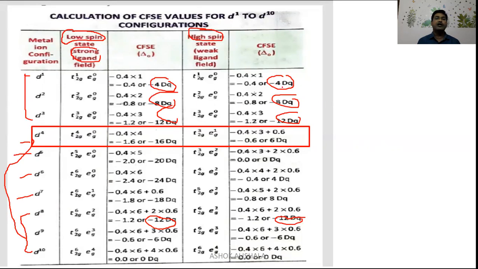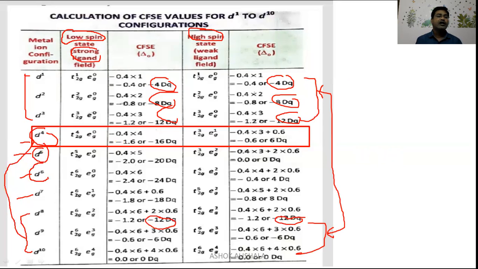There is no difference between high spin and low spin complexes for writing the d term there. What you have to remember is how to write d4, d5, d6 and d7. These are only the four terms. If you remember how to write them, it is very, very simple.